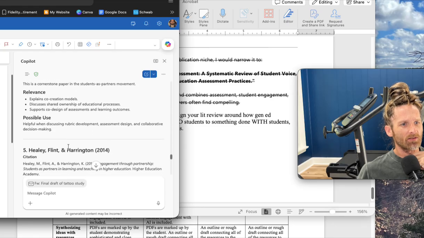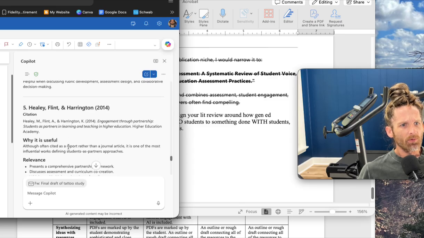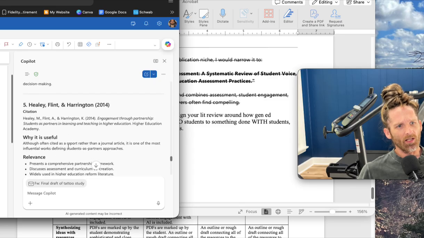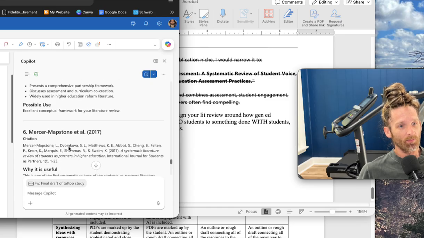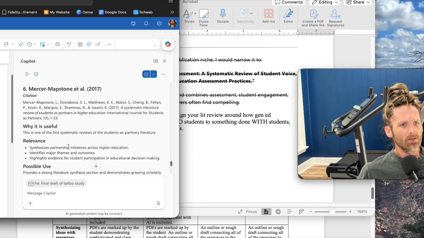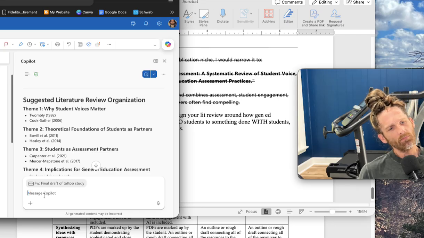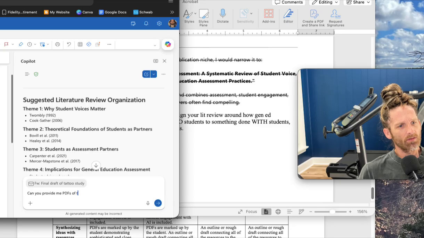Okay. So participating more in the development of Gen Ed as a curriculum. Flint, Harrington. Engagement through partnership. Students as partners in learning and teaching. Okay. Just not exactly Gen Ed, but students can participate in the development of courses and curriculum. Students as partners, literature. Okay. All right, suggested organization.